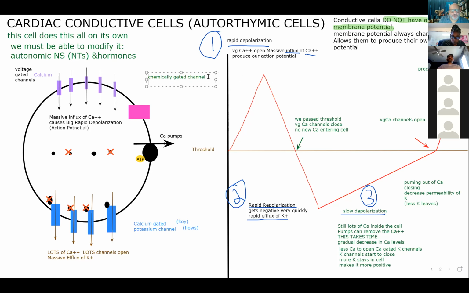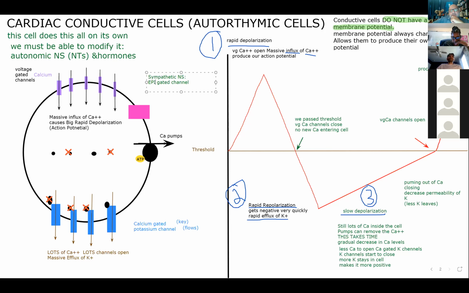Let's say this one is associated with the sympathetic nervous system. What would the chemical be released by the sympathetic nervous system that would modify the activity of the heart? Adrenaline. Excellent. Adrenaline or epinephrine would definitely be something that our adrenal gland would release into the blood.